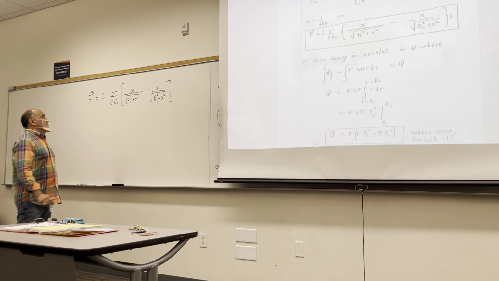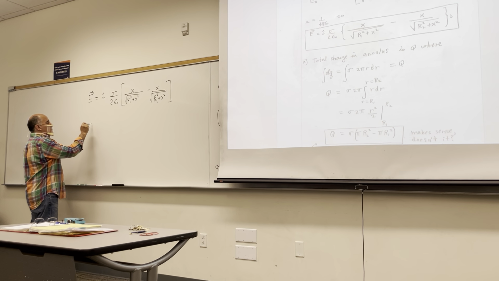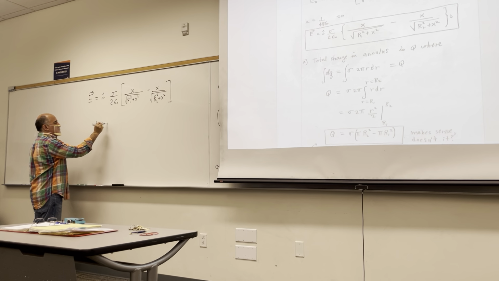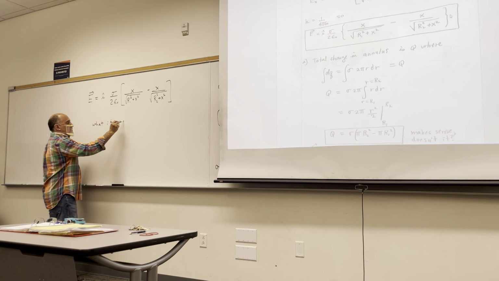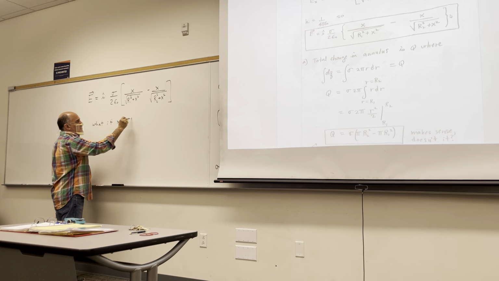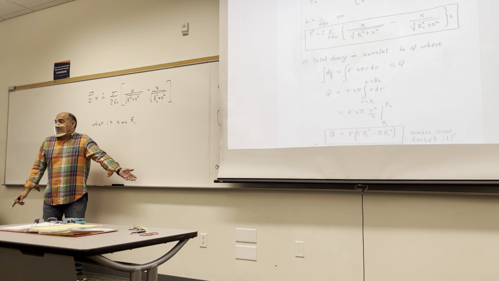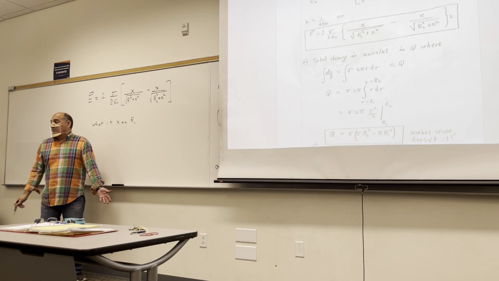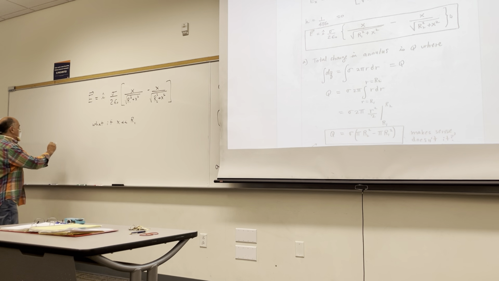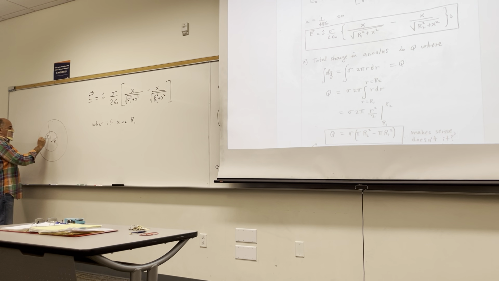For the electric field. And we want to consider, what if x is much less than R1? If it is much less than R1, it's definitely going to be much less than R2 because R2 is greater than R1. You have this R1 and this R2.